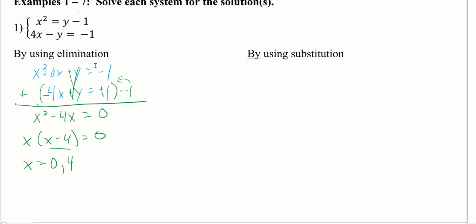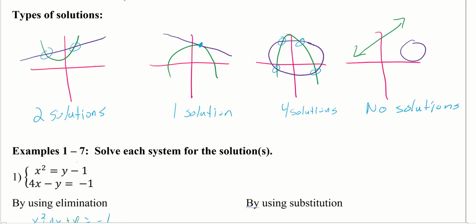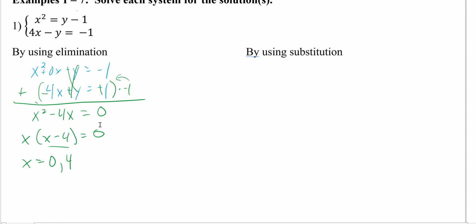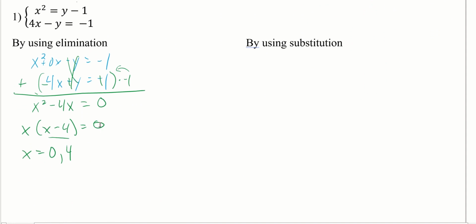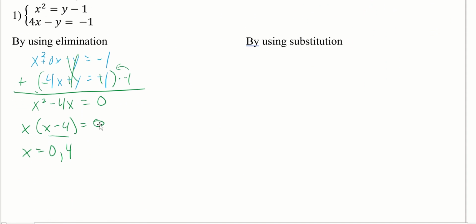Okay, but if you look up here, our solution is always going to be a coordinate point. So I need the x and the y portion of it. So I like to set up 2 different columns. If x is 0, what are we doing? If x is 4, what are we doing?